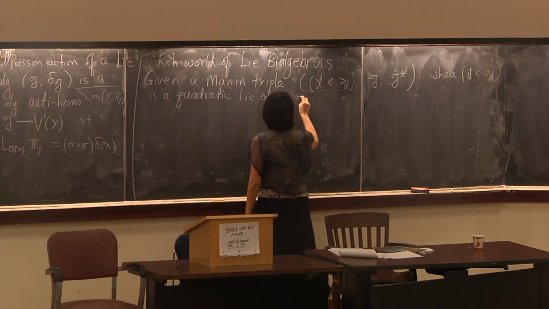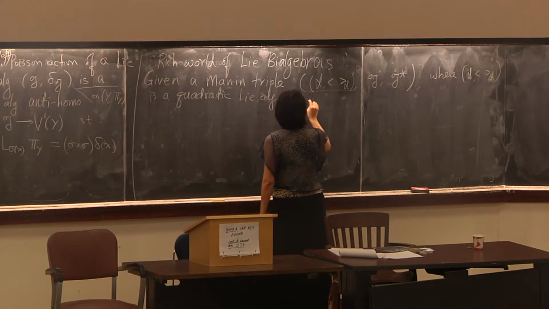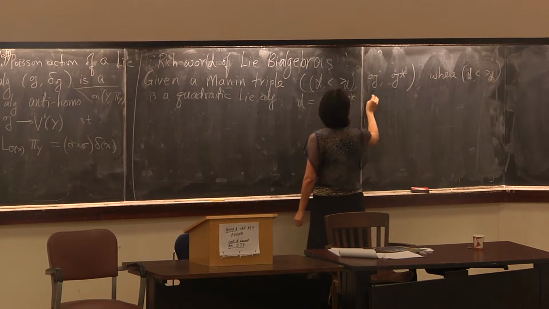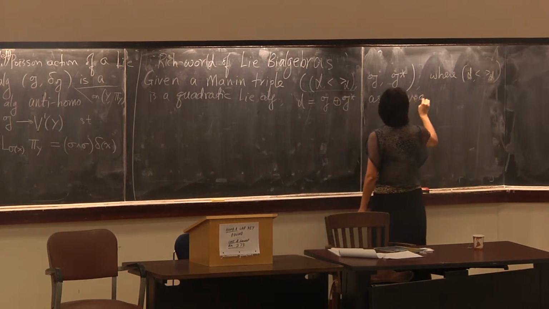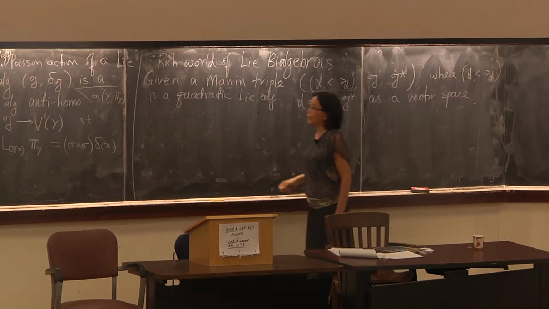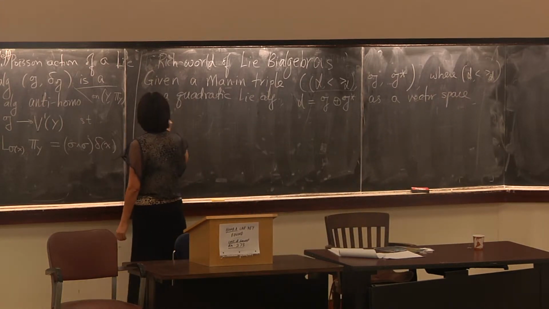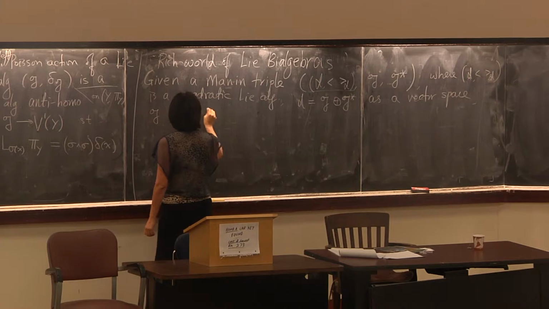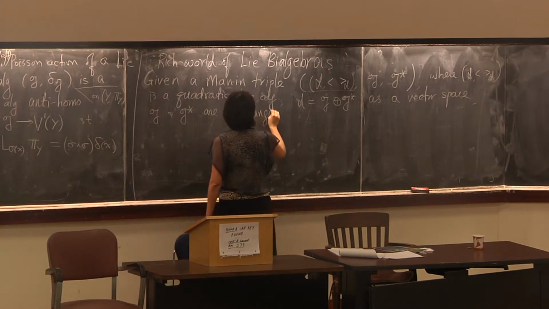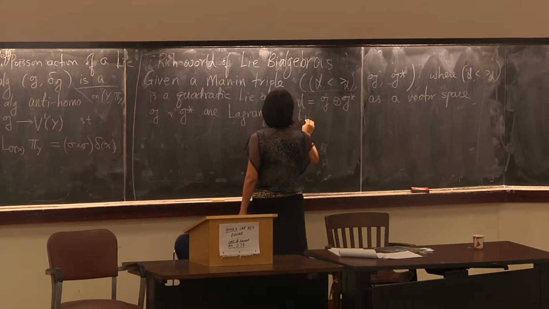And then G and G star, where D is written as G plus G star as a vector space, and G and G star are both Lagrangian Lie subalgebras.